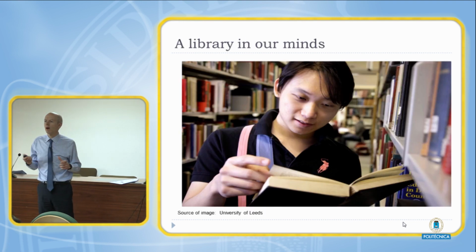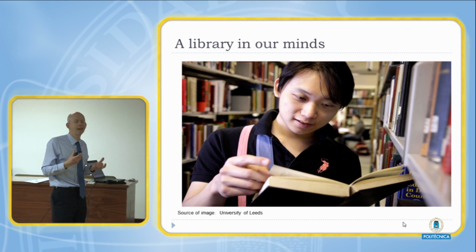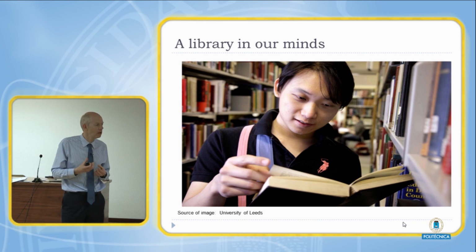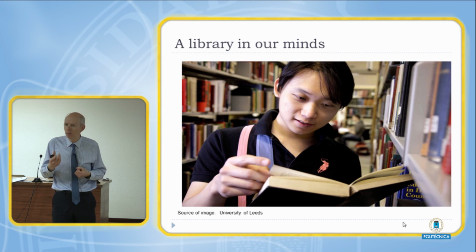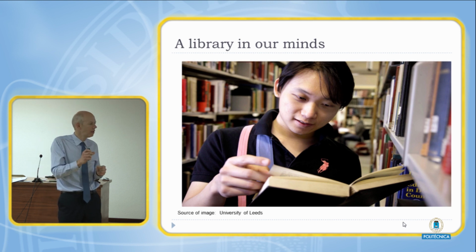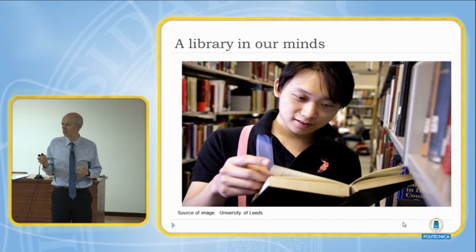We need to think about our memory, our minds, as a big store, like a library. We don't really understand how much information we have there. The problem we have is accessing that information. In any good library, you should be able to identify what you're looking for and go straight to the resource and find it easily.